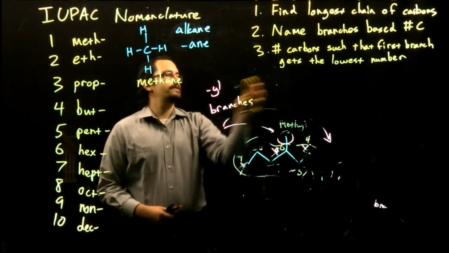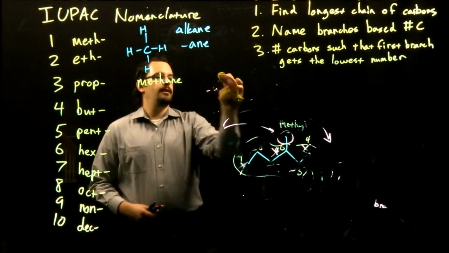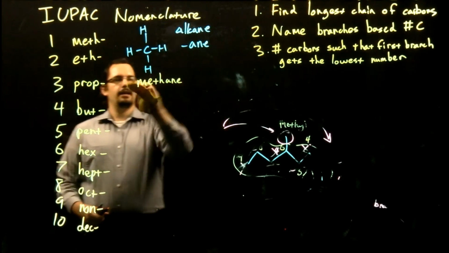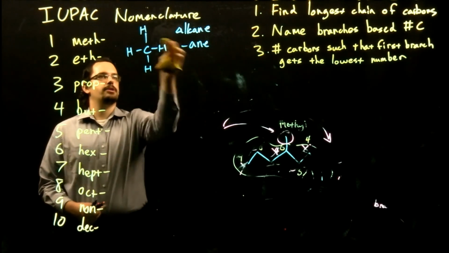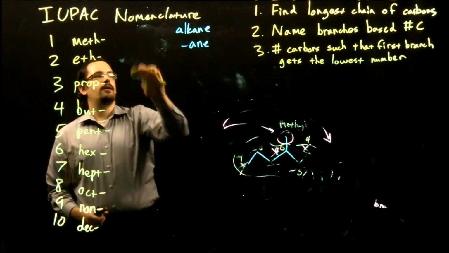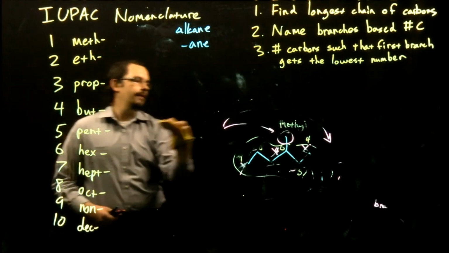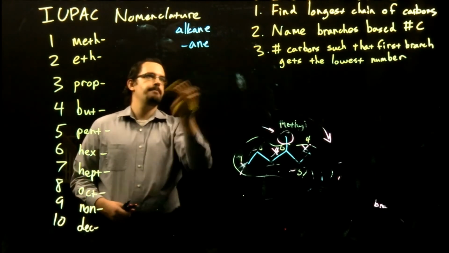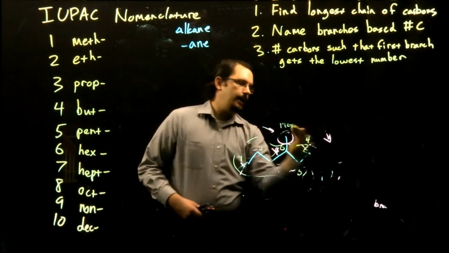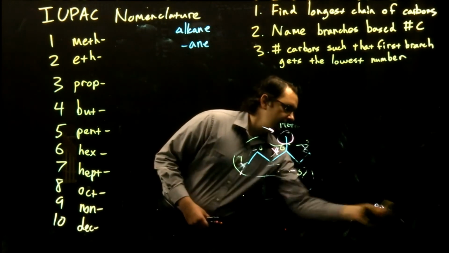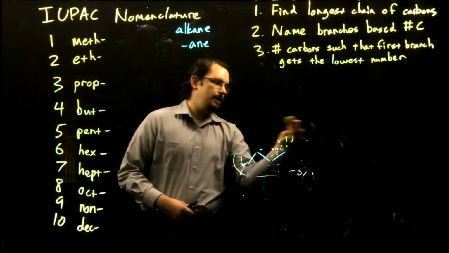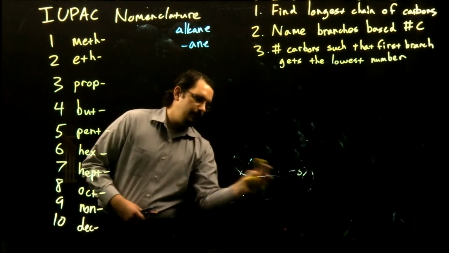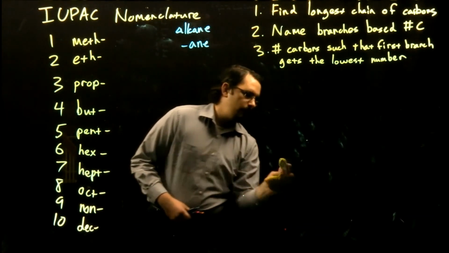So far, of course, we have our prefix that indicates how many carbons we have in our parent chain. We have our suffix, our ane, that indicates that we have an alkane. And then we also have our numbers that indicate where we have branches, and we have separate prefixes for those branches.